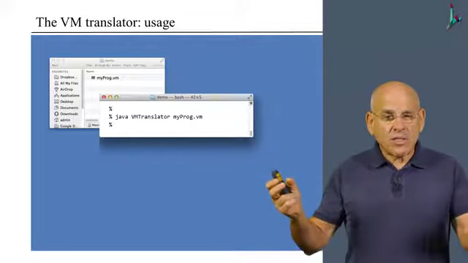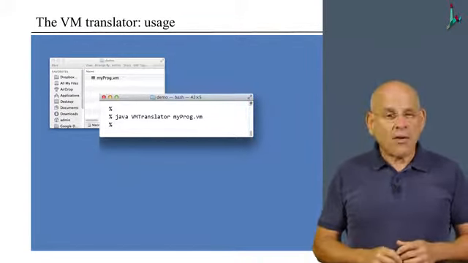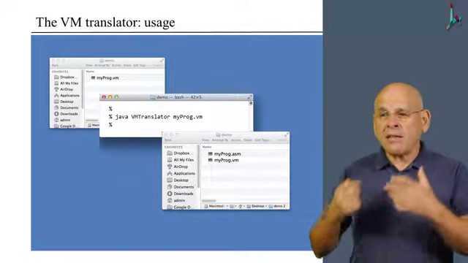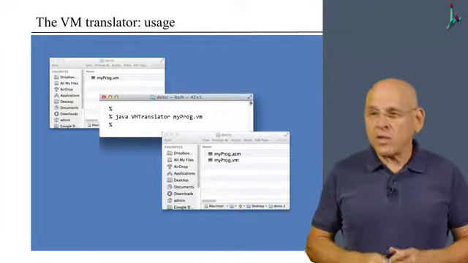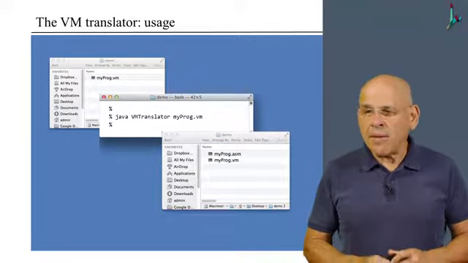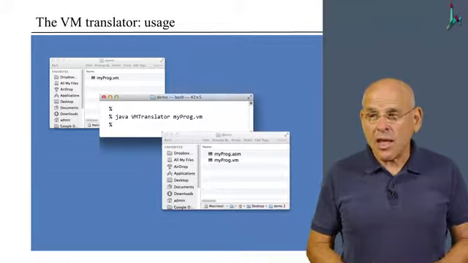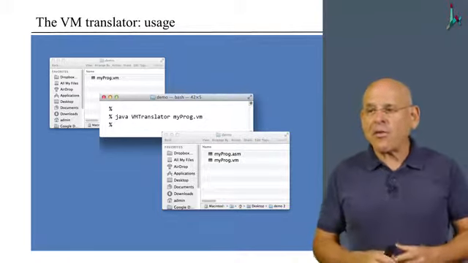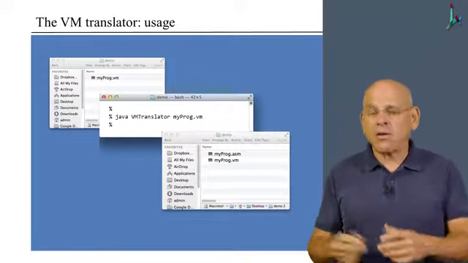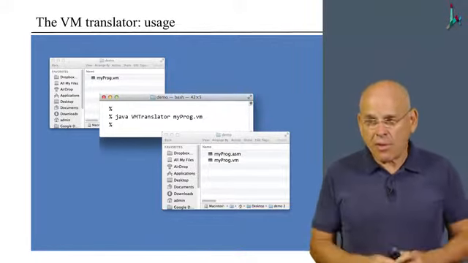And once the translation has ended, if I look again into the current directory, I will see that a new file was created. This new file has the same name as my input file, but it has a different extension, an ASM extension. And presumably, this file contains the assembly code, which is the translation of the source VM code.